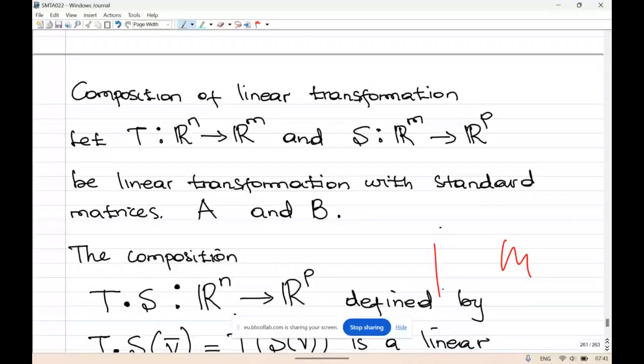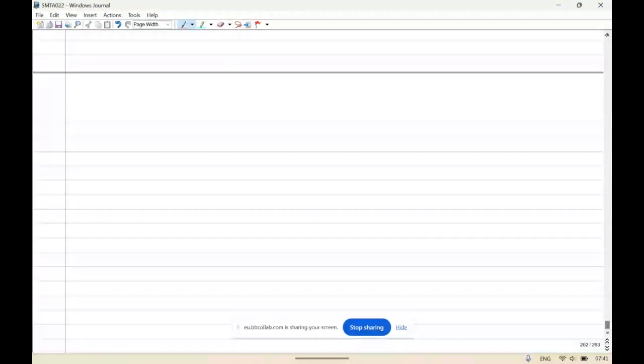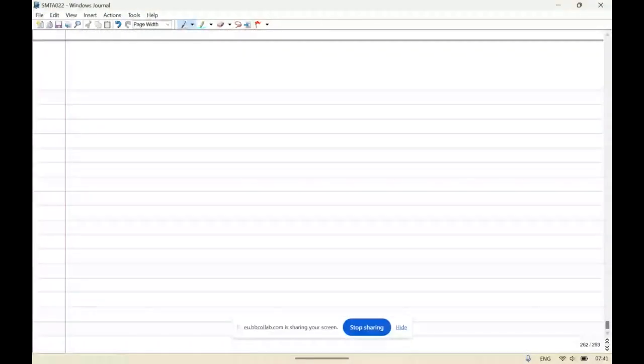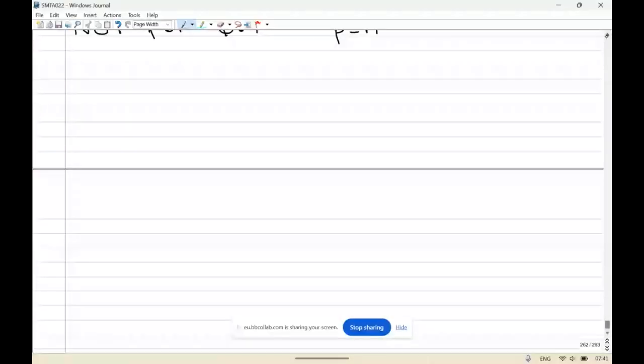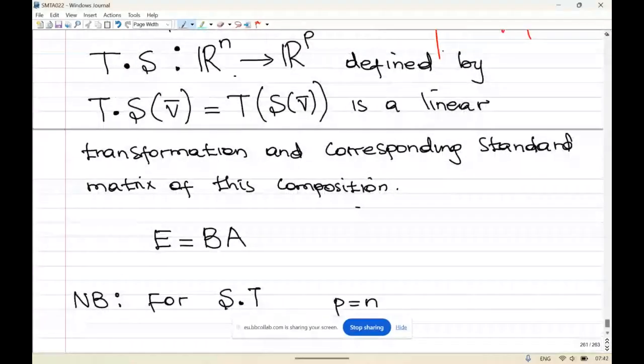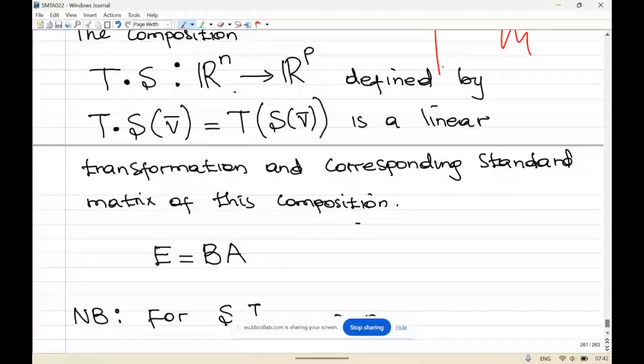We remember that you only multiply two matrices if the number of columns of the first matrix is equal to the number of rows of the second matrix. So we had this information. Then later on, we had the product or the composition of two maps, TS.